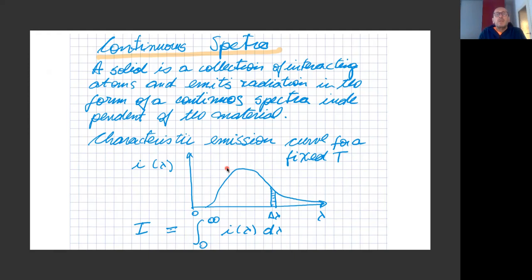Okay, so the type of spectra that we were seeing before is a line spectra, because it has to do with energy levels that are discrete in a system.